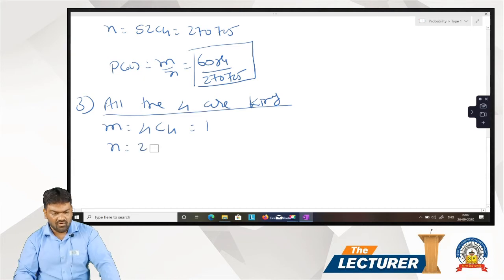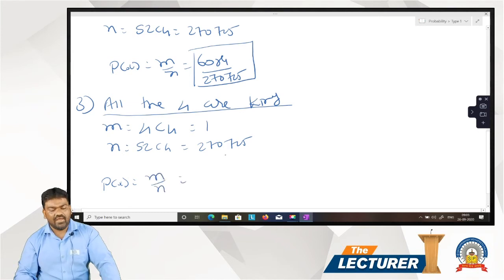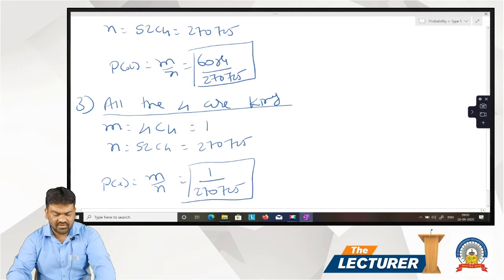Out of 52, 4 will be selected, that is 270725. So probability is equal to favorable result divided by total result. So P of x is equal to M by N. M is 1 divided by 270725. This is your third answer.